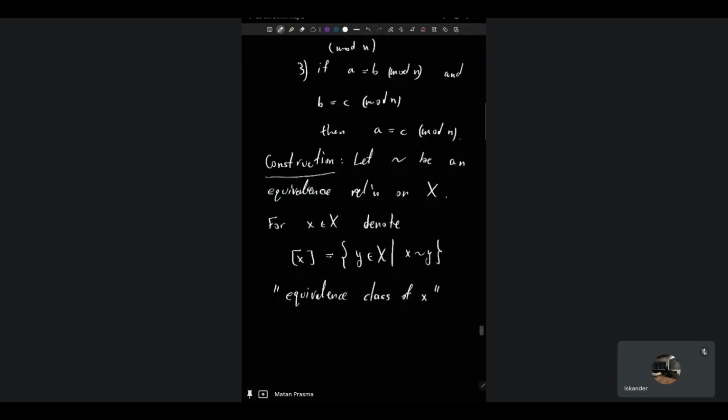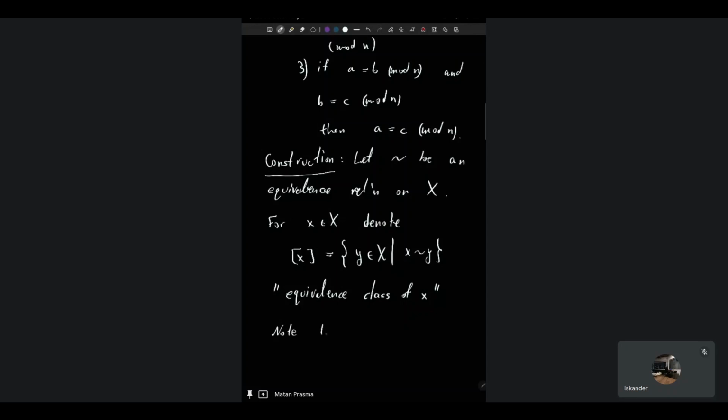And let's inspect this notion. Of course the equivalence class of an element is simply a subset of X, right?